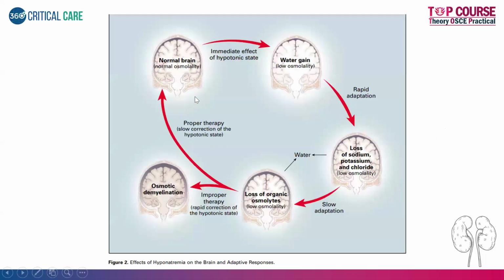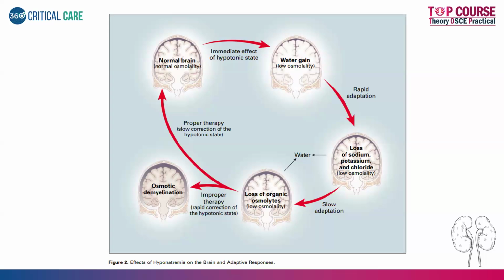Okay, so whenever there is hyponatremia, the body is actually a very nice system. It tends to maintain homeostasis. The immediate effect of the hypotonic status is volume gain. The water is usually pushed across from the extracellular space into the intracellular space.